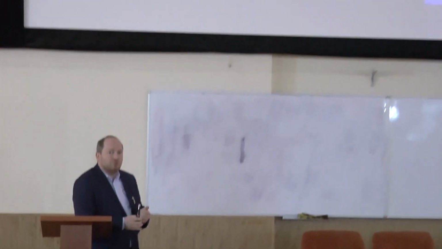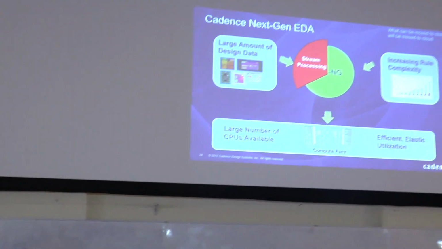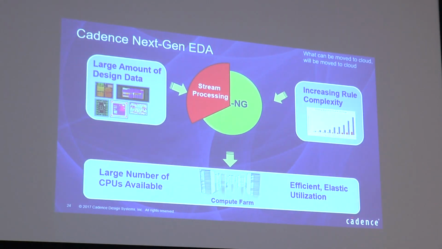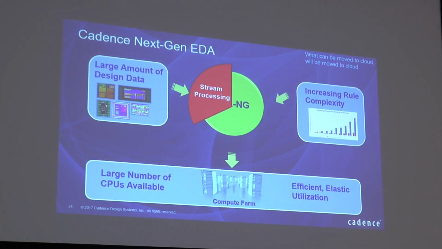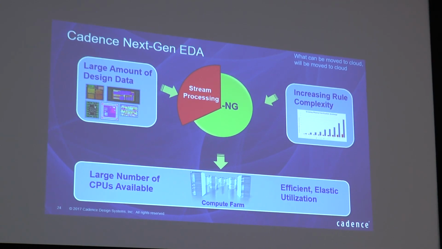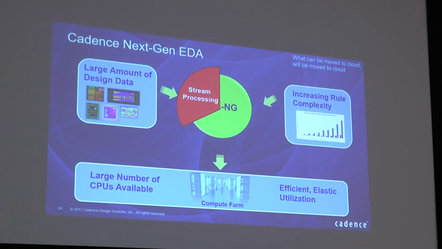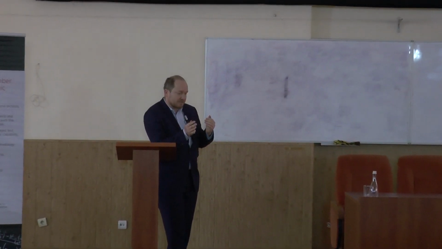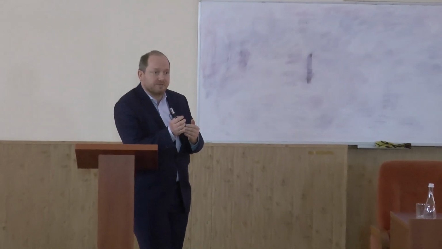So when Cadence was thinking about developing a new tool for design rule checking, which was specifically designed for running in the cloud, we introduced so-called stream processing. Stream processing means that the design which we want to verify is split into so-called streams.